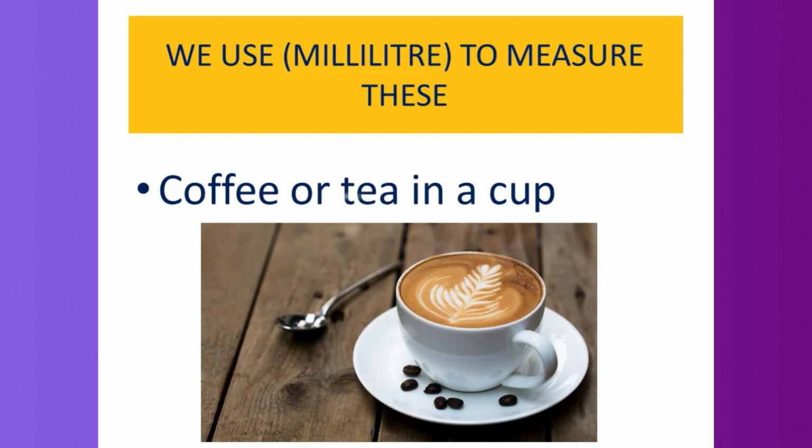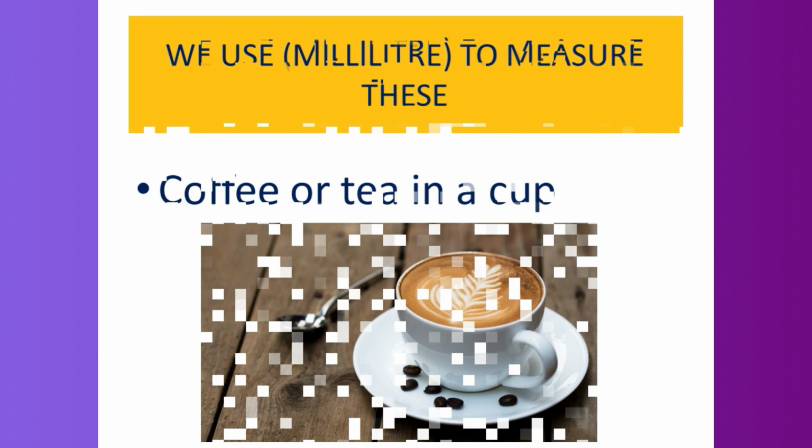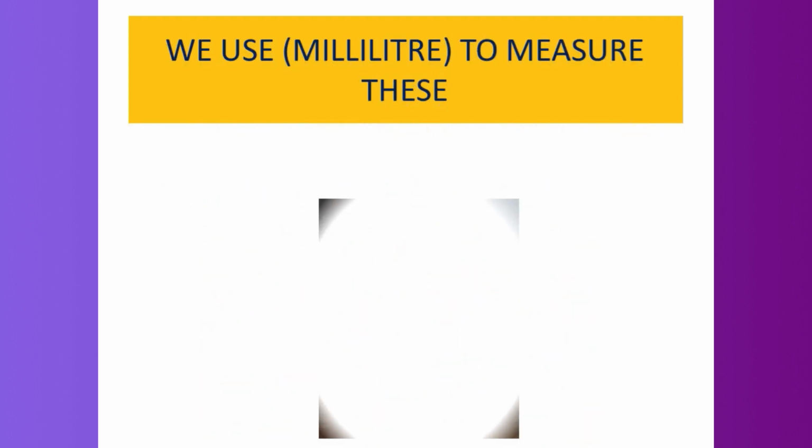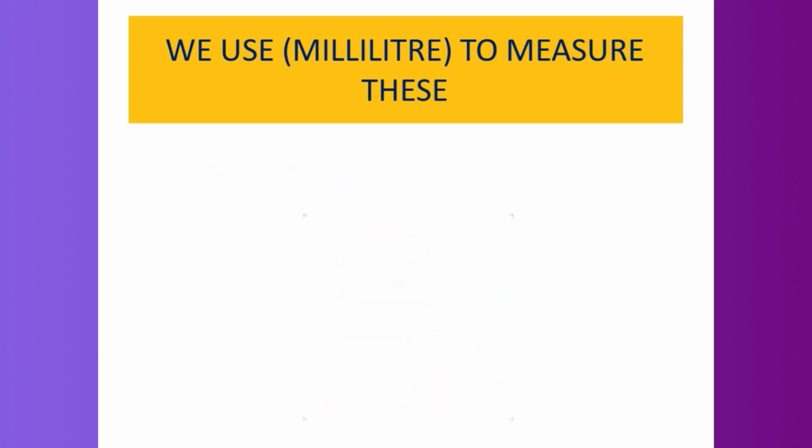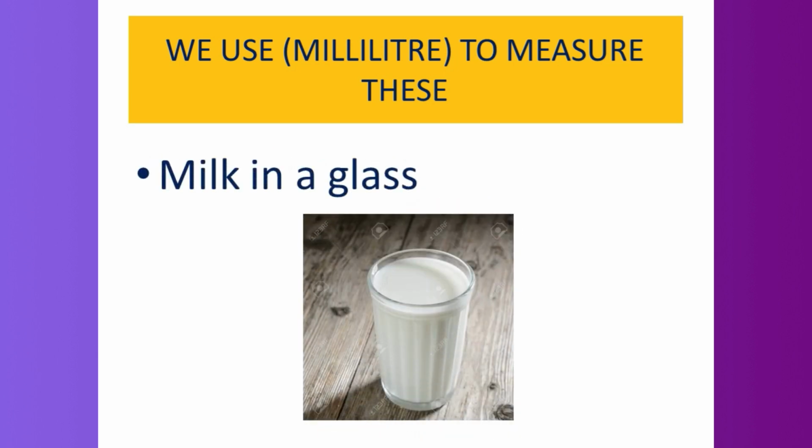We use milliliters to measure coffee or tea in a cup. Milliliter is used for the quantity of juice in a glass or milk in a glass.